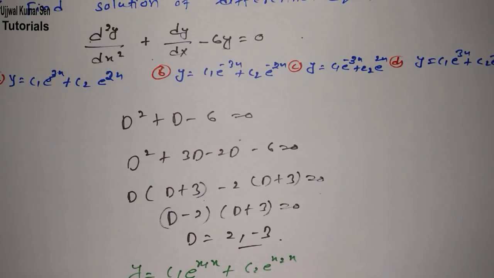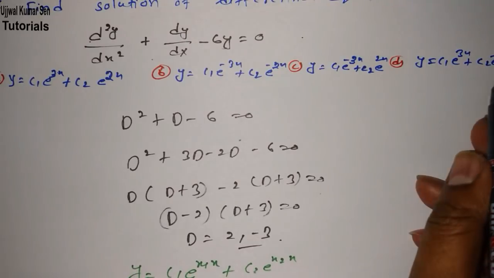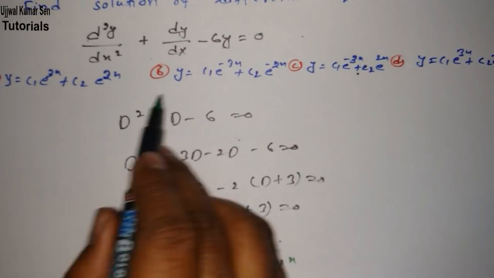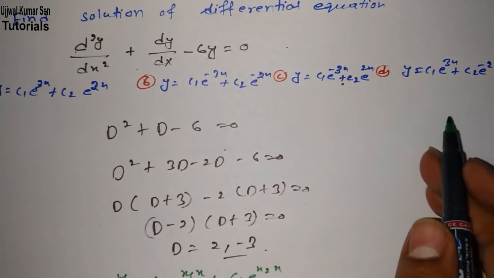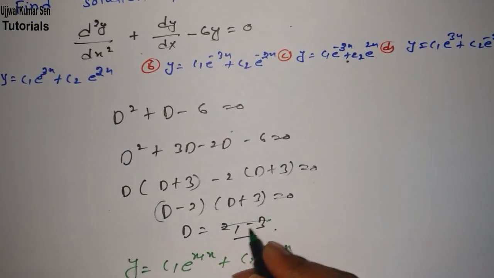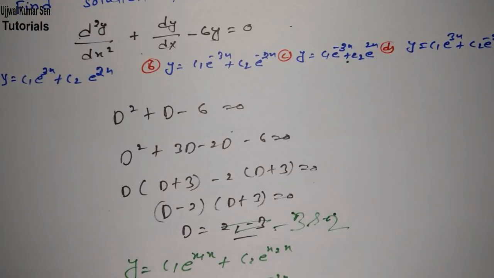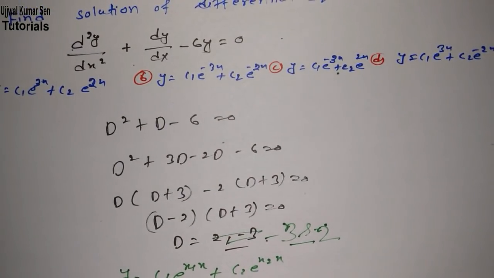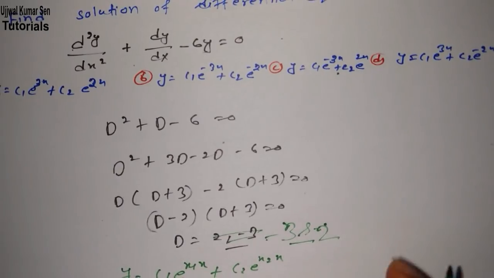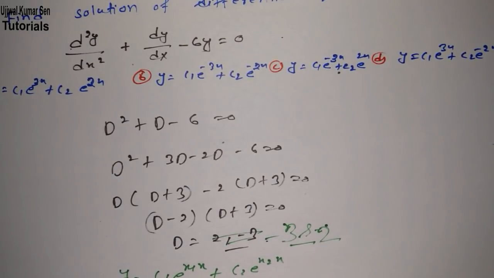Basically you can write this the other way also, minus 3x and 2x. That depends on us, how we calculate the values.